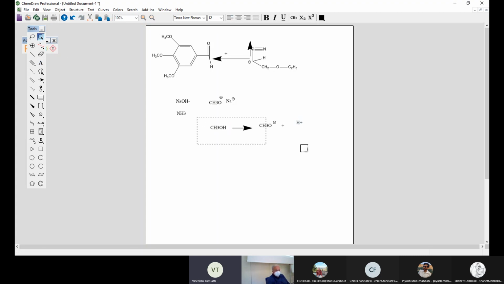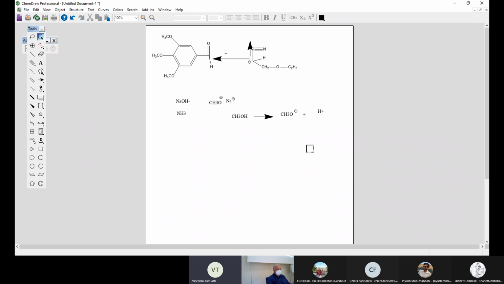If we write this reaction during an exam of organic chemistry, you go home, because an alcohol is not an acid. This type of reaction is not possible.